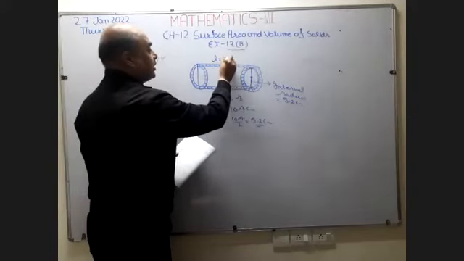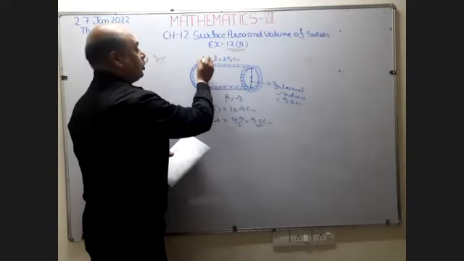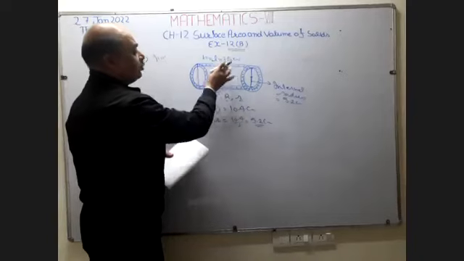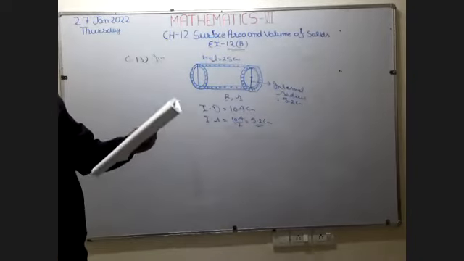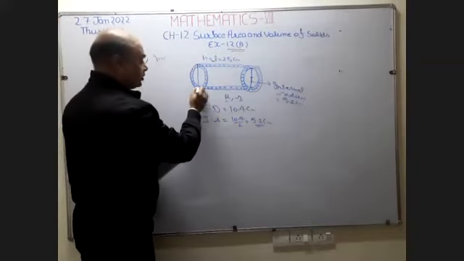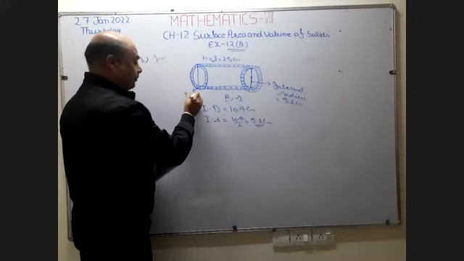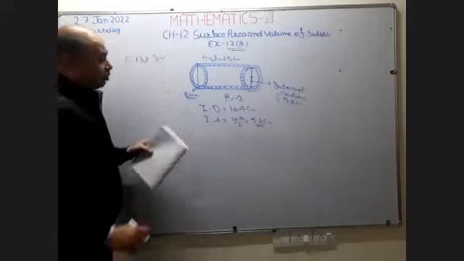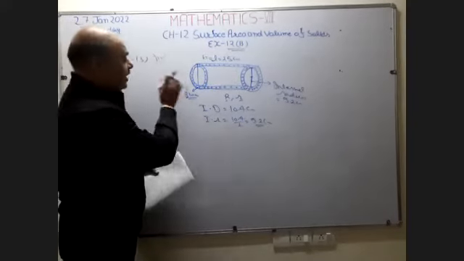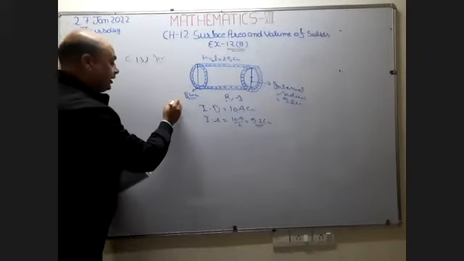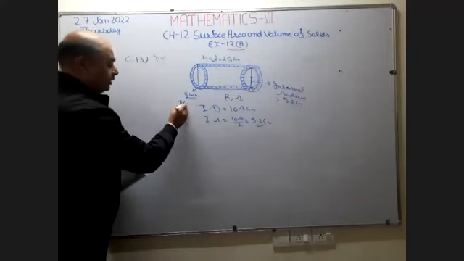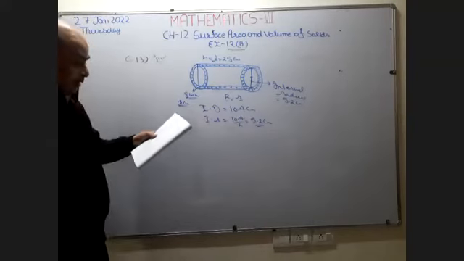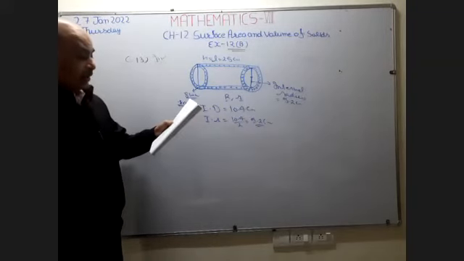Length and height are going to be the same, so height becomes 25 centimeter. Now the thickness of the pipe is given 8 mm. Converted into centimeter, it's going to be 0.8 centimeter.